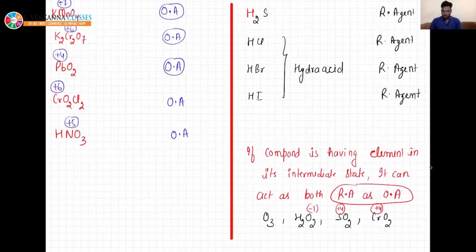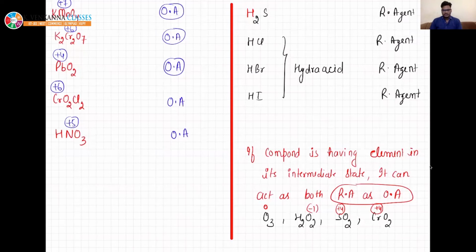Chromium +4, neither maximum nor minimum. In ozone also, we will study the structure. Some of the atoms are present in -2 and some in +1 or something, so its average oxidation number will be 0. But if you go by structure, then there are atoms present with different oxidation numbers. So these are some good examples.